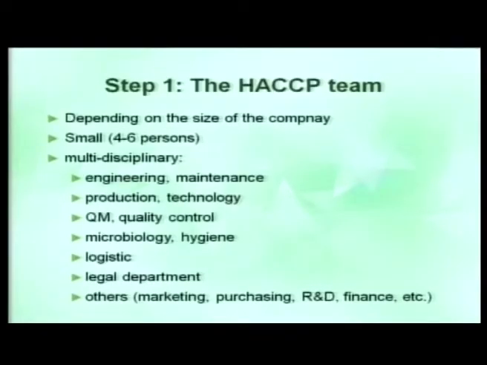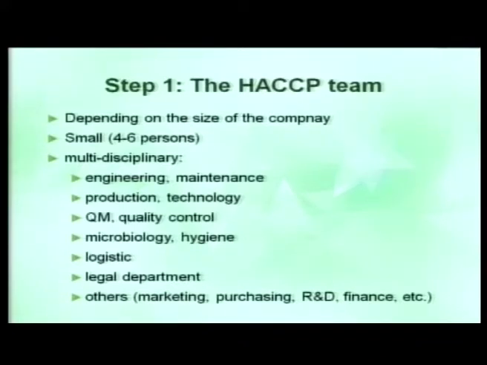Now we will understand in detail each step, so that we can implement them in our industries. We can understand and go back and help the industries to implement it. Number 1 is the HACCP team. The size of the HACCP team depends upon the size of the organization. It can be 4, 6, 2 or 3.